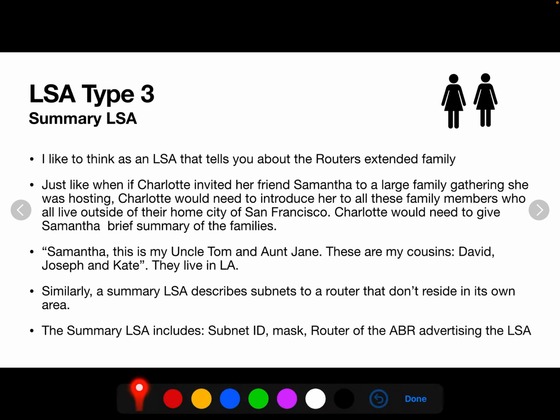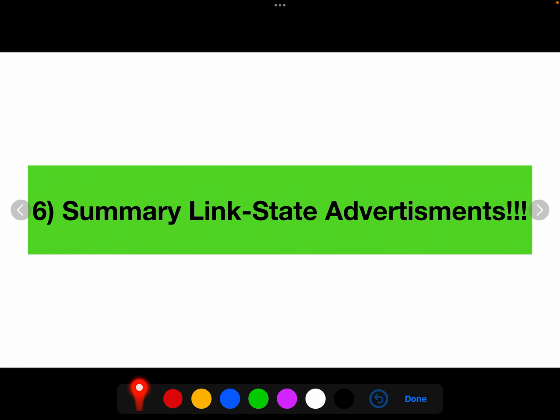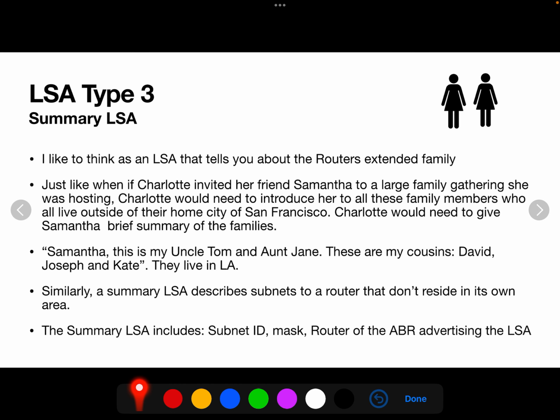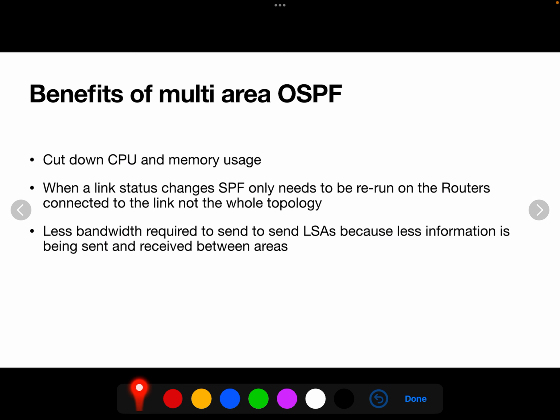She's that piece in the jigsaw which connects the two together. Like an area border router is what connects two areas together, the backbone area and a non-backbone area. It's the area border router. So I think it helps to understand it through an analogy like that.